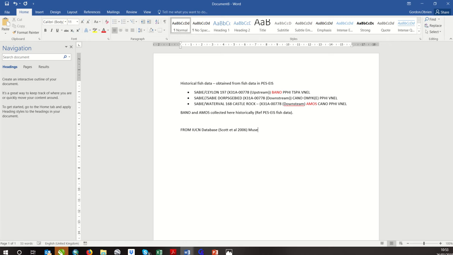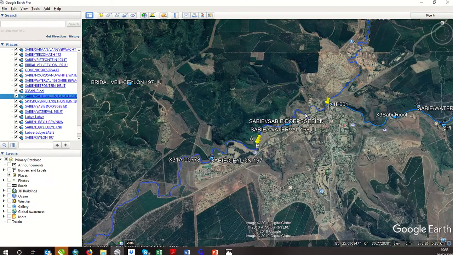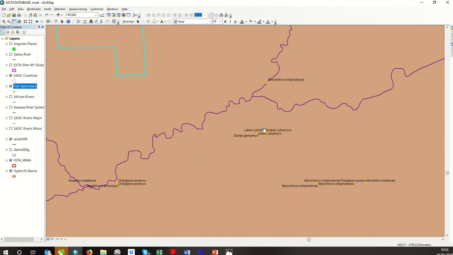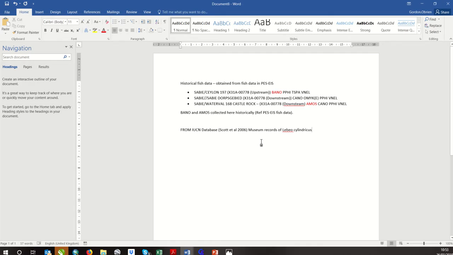There's museum records of Labeo cylindricus. I started right. Yeah, and Clarias gariepinus.